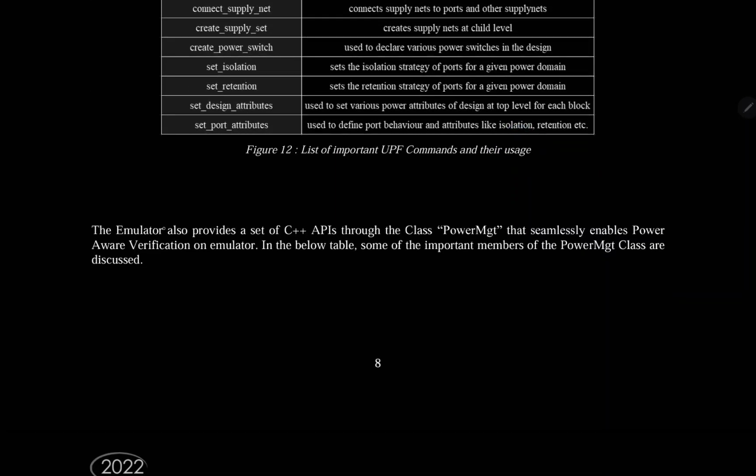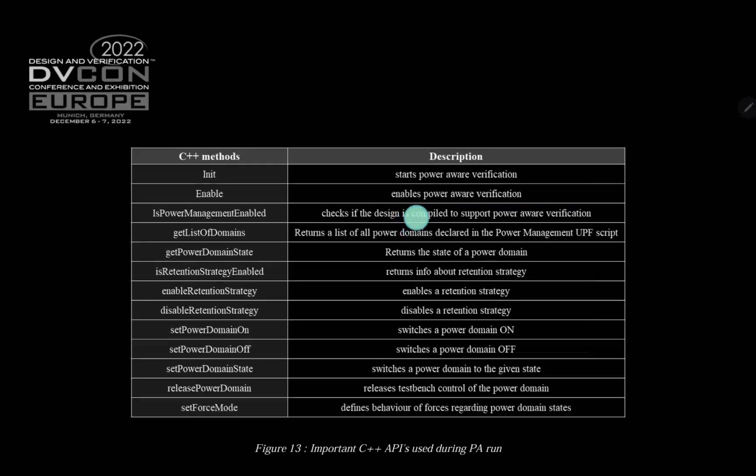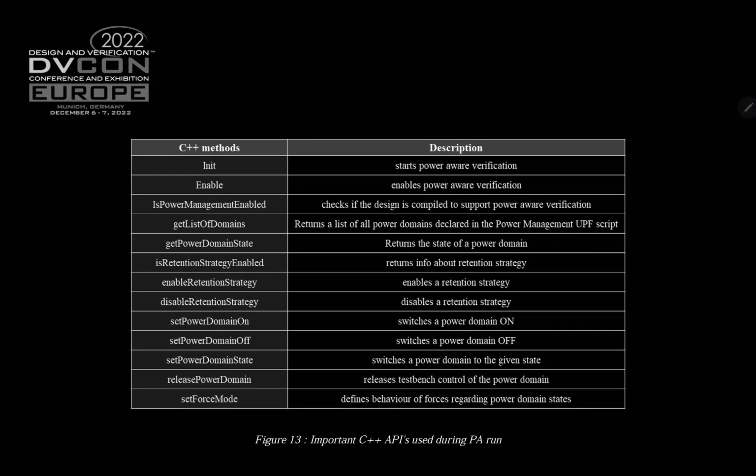The emulator also provides a set of C++ APIs through the class PowerMGT that seamlessly enable power-aware verification on emulation. In the table below, some of the important members of the PowerMGT class are discussed. This is Figure 13: important C++ APIs used during the PA run.